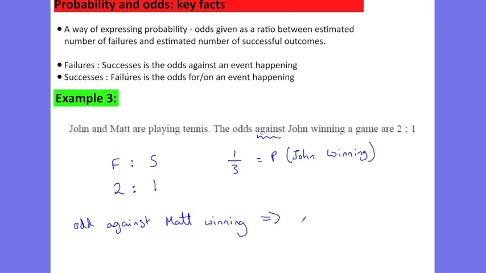So we're going against winning, so we need the failures to the successes. If the probability of John winning is 1 over 3, the probability of Matt winning must be 2 over 3. So success 2, failure 1. So effectively what's happened here to our ratio is it's just flipped, it's reversed.